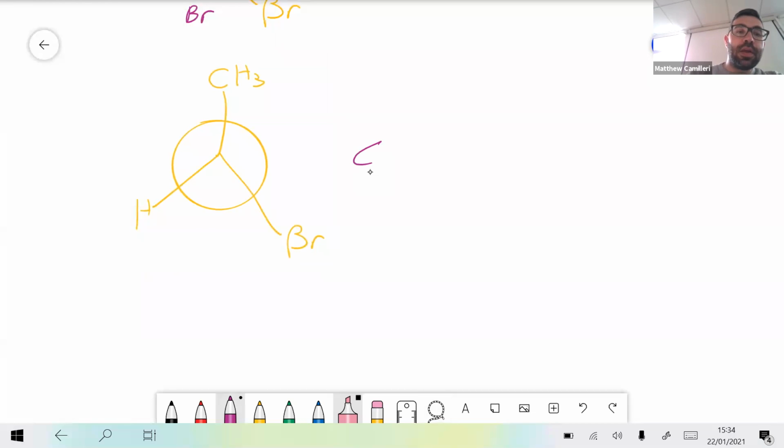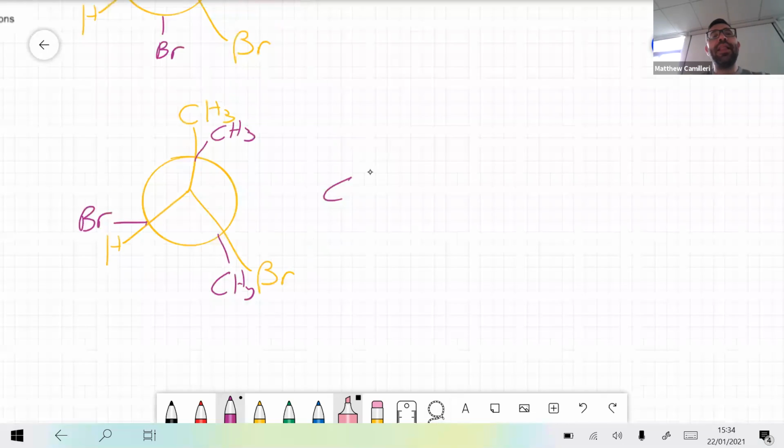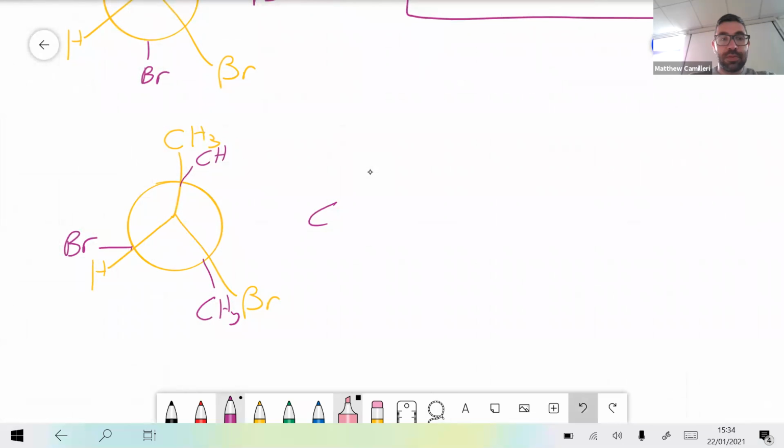C, and they're going to be CH3, Br, CH3. And at this point, hydrogen. At this point, the CH3 and the Br are going to be exactly behind each other, and this will have some electronic effects.